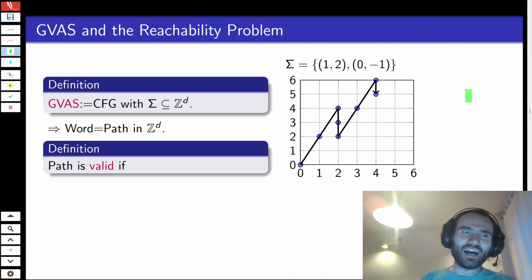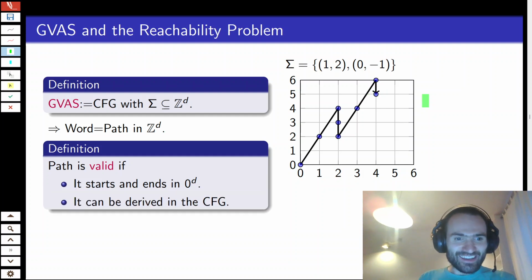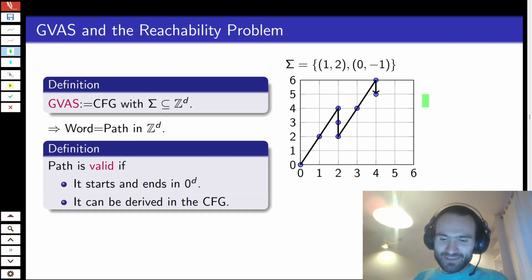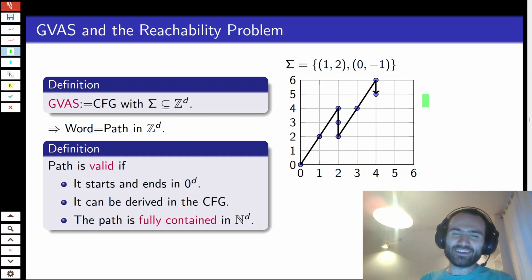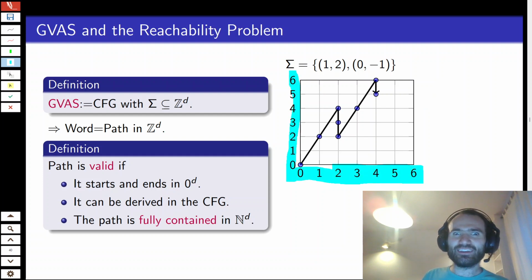Namely, a path or a word is valid if it starts and ends in 0^D. So for example, this is not valid because this is not (0,0). It can be derived in the context-free grammar, and the path has to be contained in the non-negative quadrant. That's the reason why I only drew one quadrant and didn't draw the other parts.